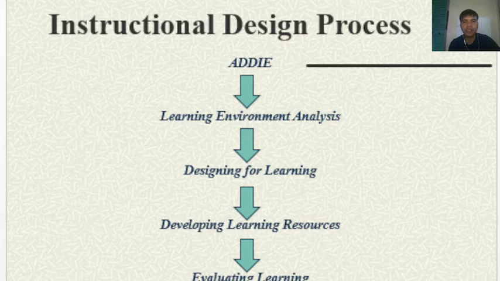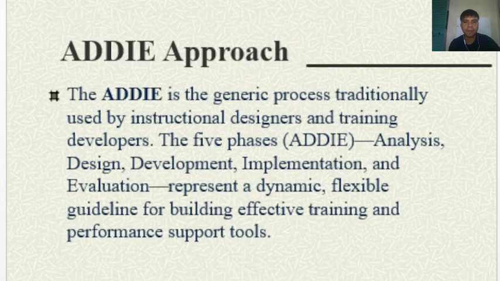So let us first discuss what the ADDIE approach is. ADDIE approach is the generic process, as I said earlier, traditionally used by instructional designers and even the modern instructional designers up to this time, including training developers. The ADDIE stands for its five phases or stages.